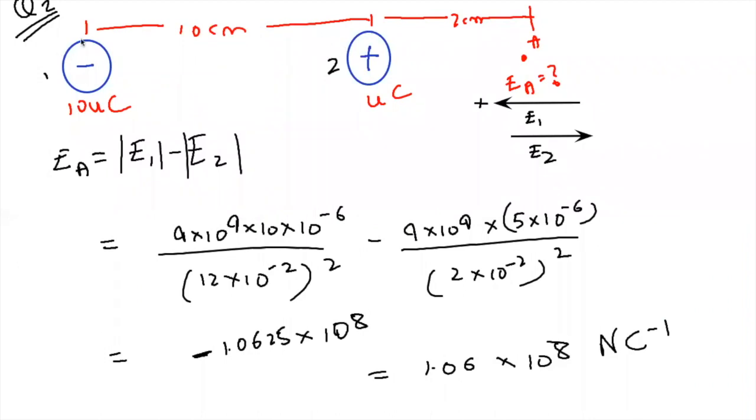The 1 and 2 mean that this is charge 1 and this is charge 2, so that you could understand what E1 is and what E2 is. That's why I wrote 1 and 2. If I did not write this, you guys would be confused. Are you guys done, or is anyone still noting down?